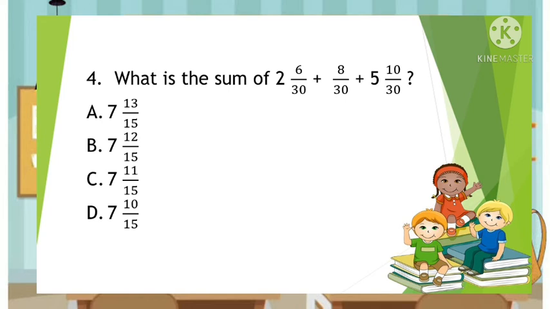For number 4, what is the sum of 2 and 6/30 and 8/30 plus 5 and 10/30? Letter A, 7 and 13/15. Letter B, 7 and 12/15. And letter C, 7 and 11/15. And letter D, 7 and 10/15.